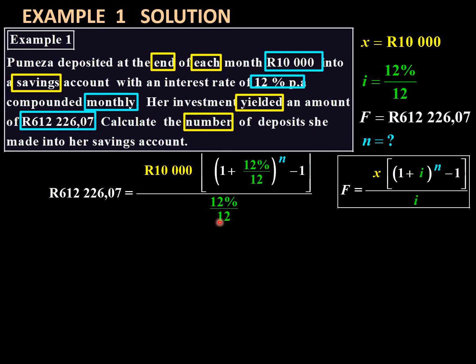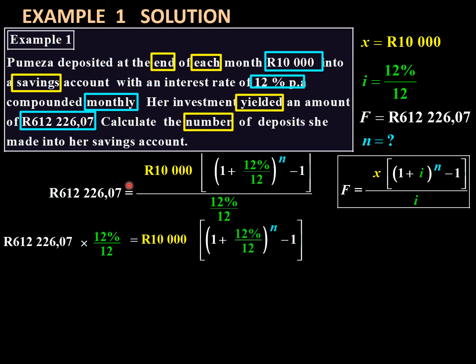Now we want to, instead of dividing by 12% over 12, we have to transpose it. That becomes times by 12% over 12. And then we can write down the remainder of the equation, the numerator part, there. Now remember, we want to focus on n. So we first have to get rid of quite a few things.